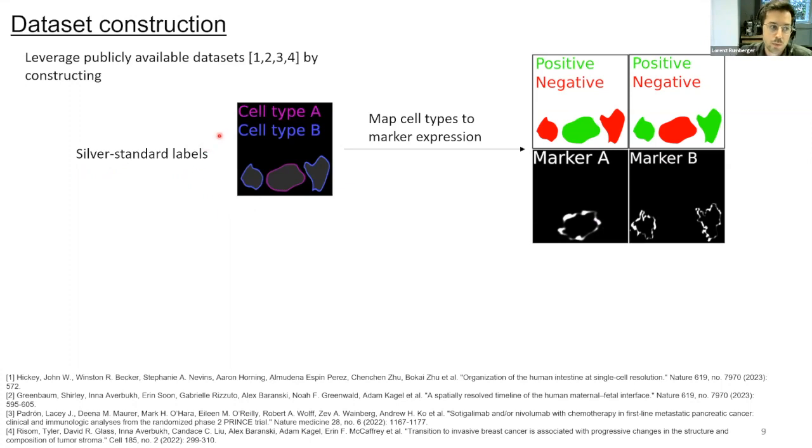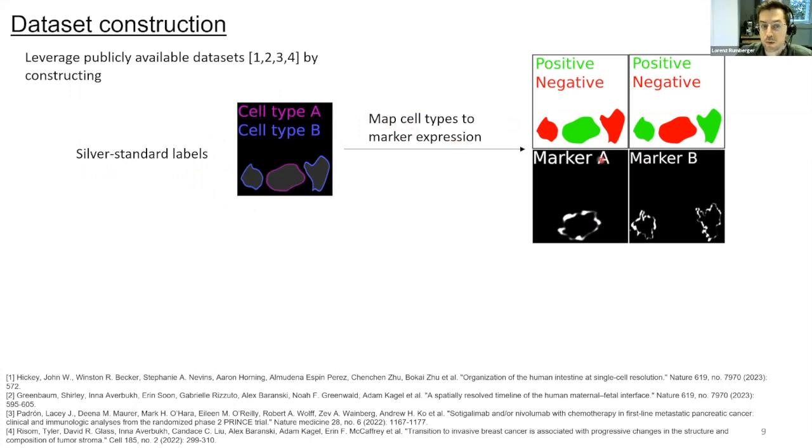And what we did is we looked into the cell tables, and they were mapping cell types to individual segments. For example, when we know this cell is of cell type A, we map back from the cell types to the marker expressions.